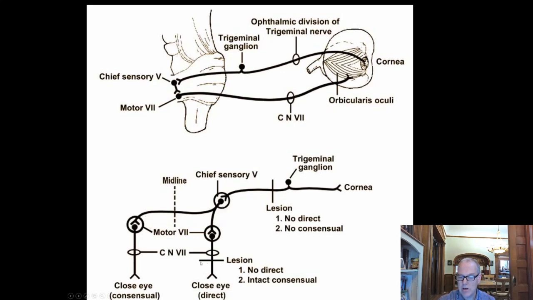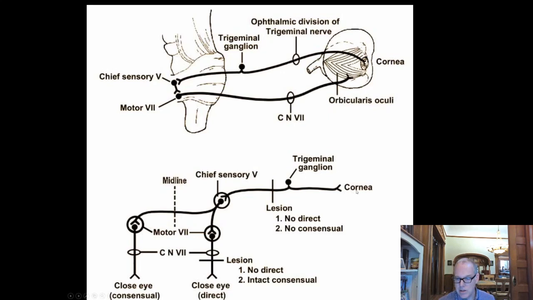Whereas if we have a lesion here, let's say Bell's palsy of the facial nerve, now if you touch that cornea, the ipsilateral eye isn't going to close very well, so no direct closure, but we'll get good closure here of the opposite eye, so the consensual reflex is intact. So we can figure some things out by doing the corneal reflex.